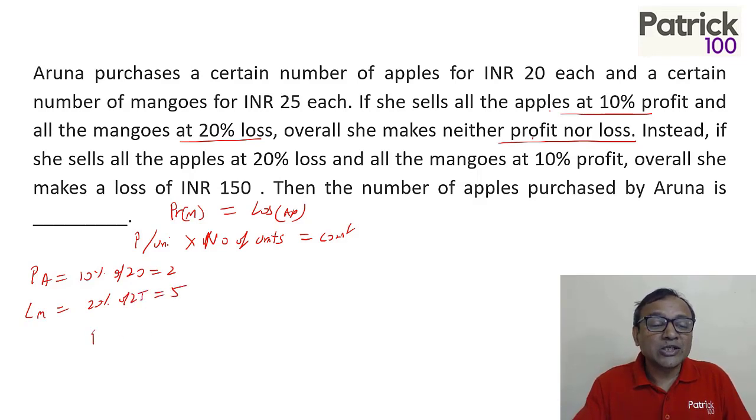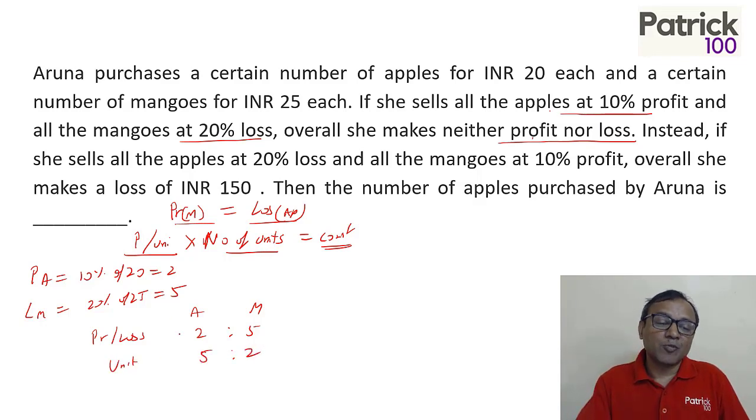So the ratio of profit or loss for an apple and a mango is 2:5. Profit or loss per unit into number of units is constant because they have to be equal. That means the number of units has to be in a ratio of 5:2. If profit or loss is in a ratio of 2:5, the number of units has to be in a ratio of 5:2. We can take it as 5x and 2x.